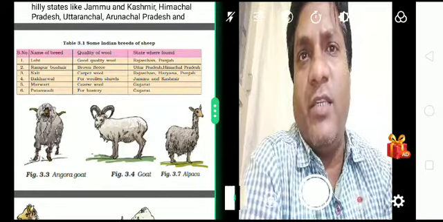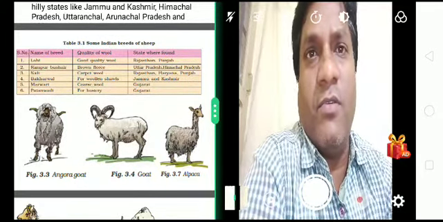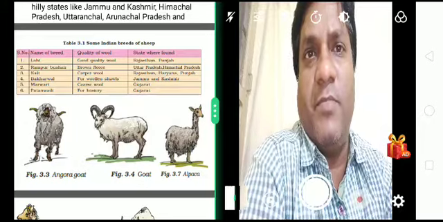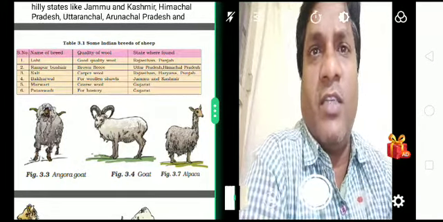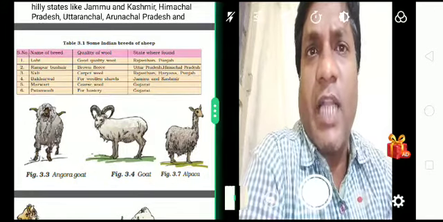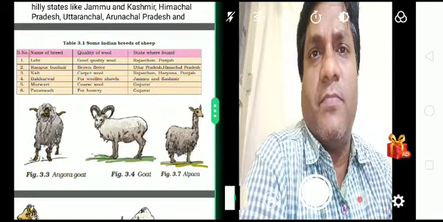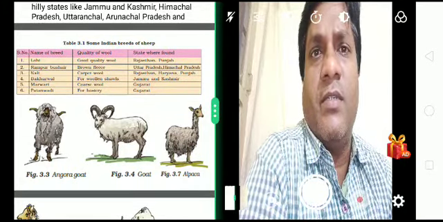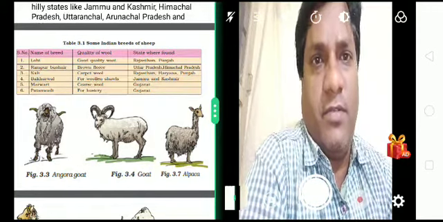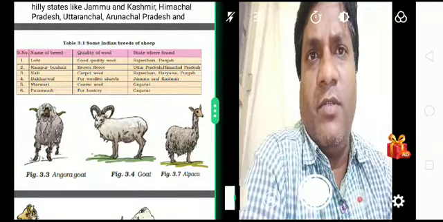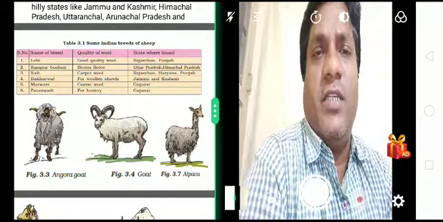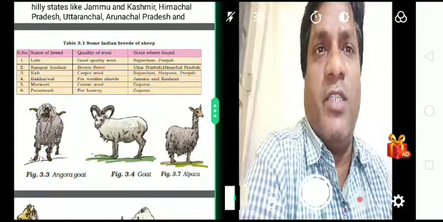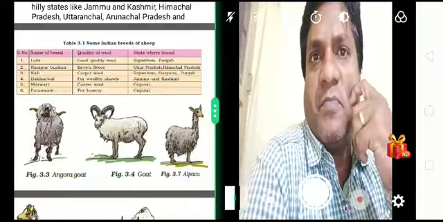Lohi is a breed of sheep which yields good quality wool, found in Rajasthan and Punjab. Rampur Bushair is a breed of sheep which gives brown fleece. It is found in Uttar Pradesh and Himachal Pradesh.